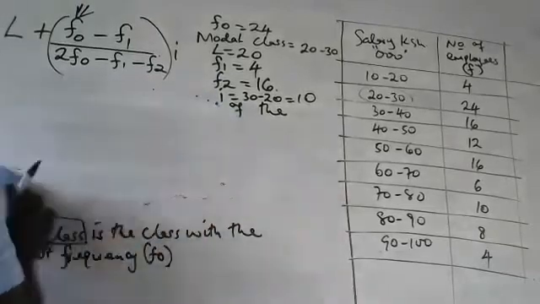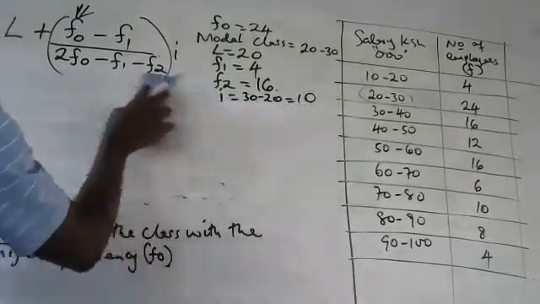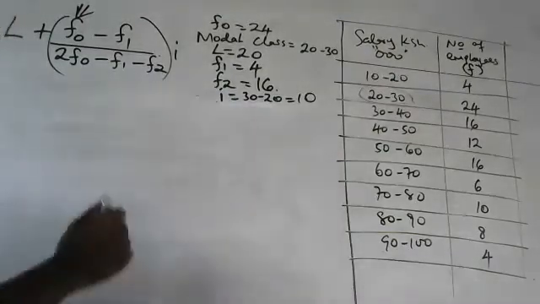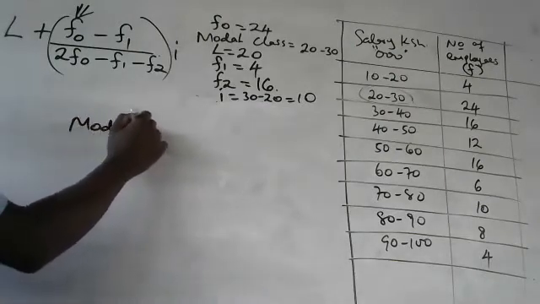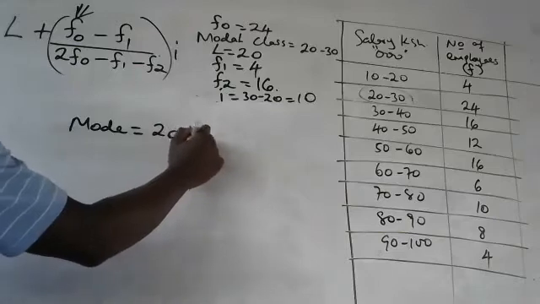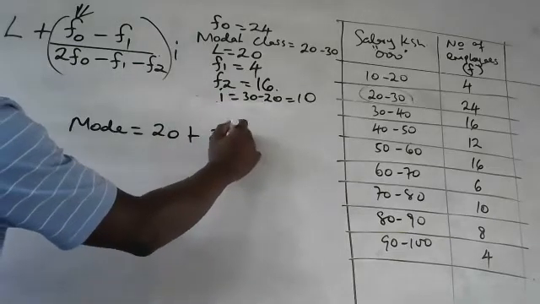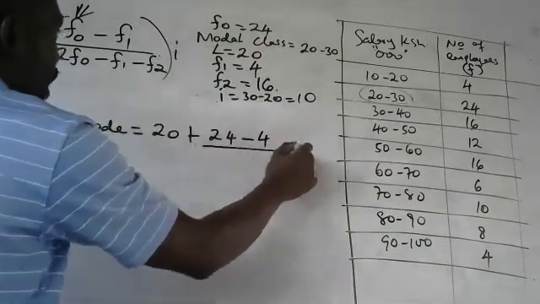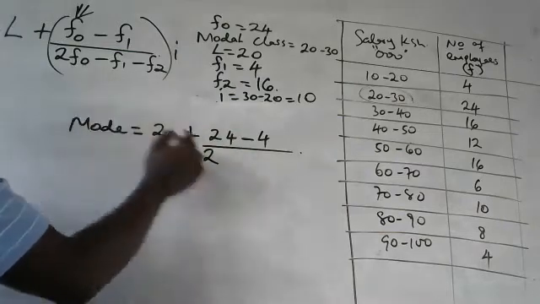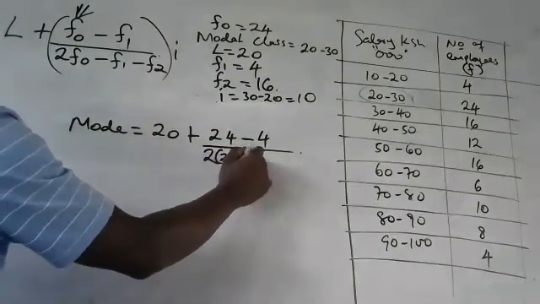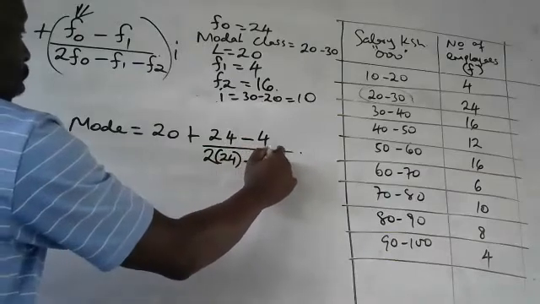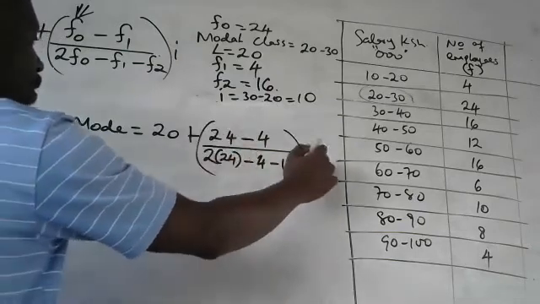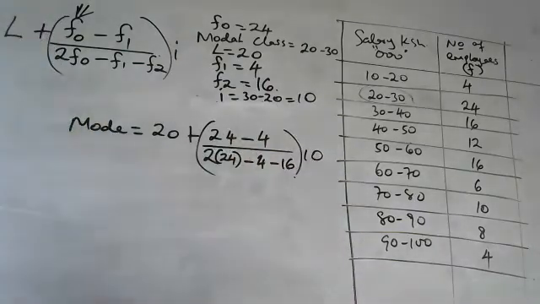So in that case, what is the value for the mode, or the modal wage? The mode will be given by L, which is 20, plus F0, which is 24, minus F1, which is 4, over twice F0, that is twice 24, minus F1, which is 4, minus F2, which is 16, then we multiply everything by the class interval, 10.